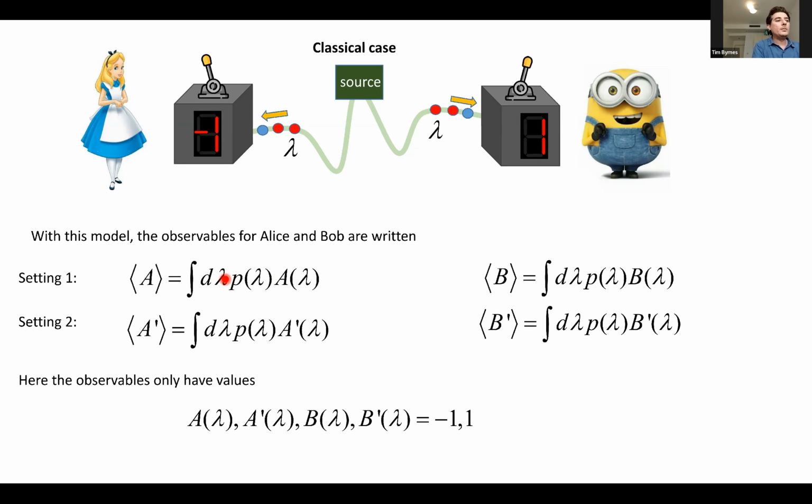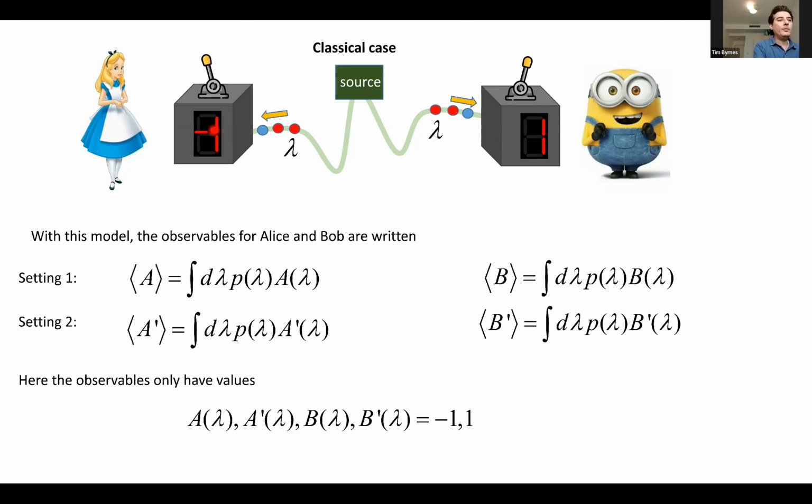And so whenever we have particular observables like this, there's some kind of mechanism inside the box that converts, say on setting 1, so say the switch is put on setting 1, then this A function gives basically the rule for whether, in this particular case, if it's a blue ball, then the value it's going to give is going to be +1 or -1.